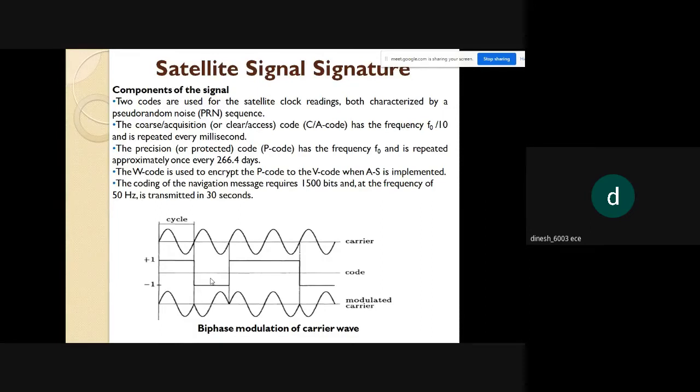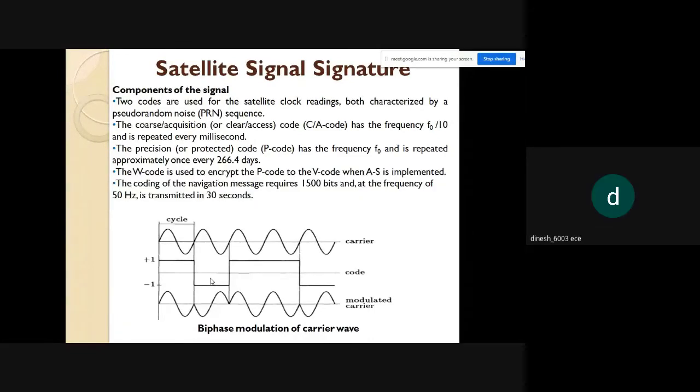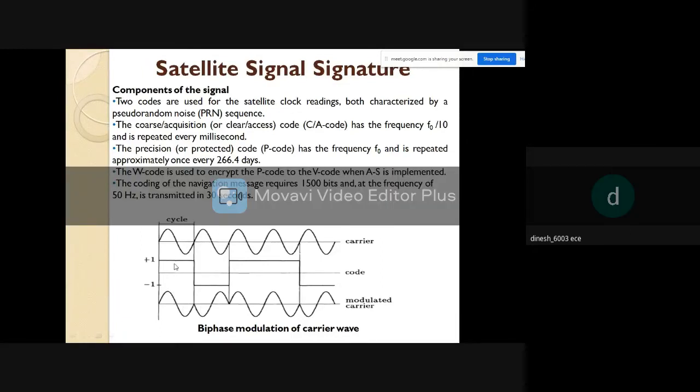With respect to your code +1, our wave remains as it is when there is a positive half. You can see from the diagram, compare this. When there is one cycle of carrier wave, the modulated carrier will also be the same in the case of +1.